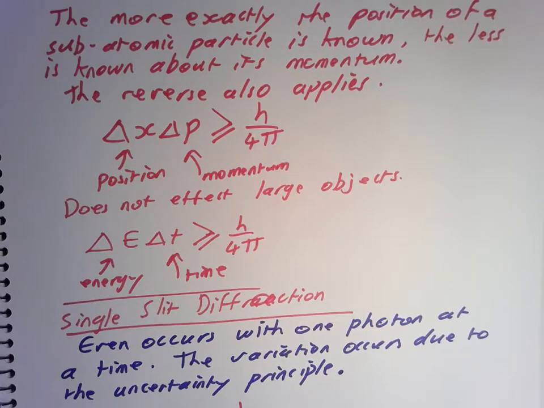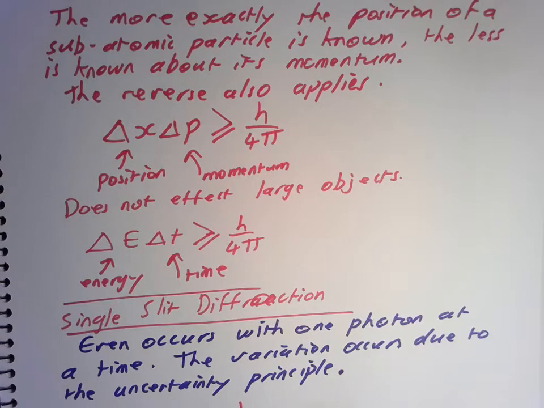So because you've made the gap very, very small, you've decreased the variation in position. So very small gap. So you've decreased the uncertainty of x, the position.